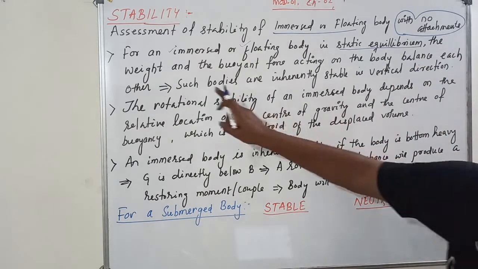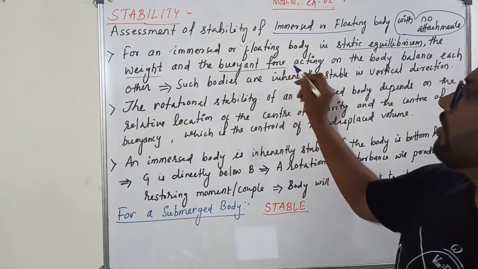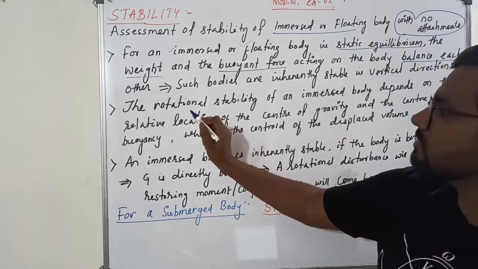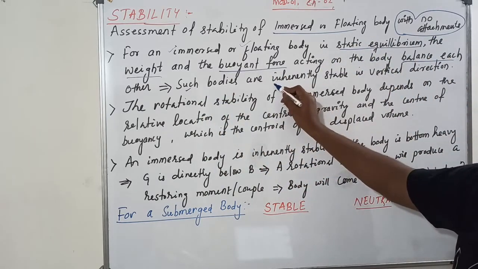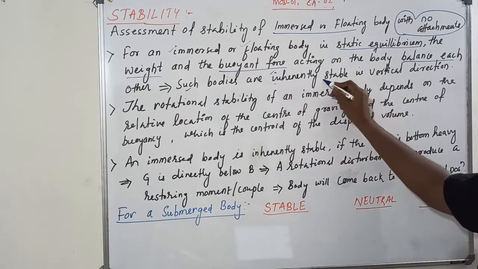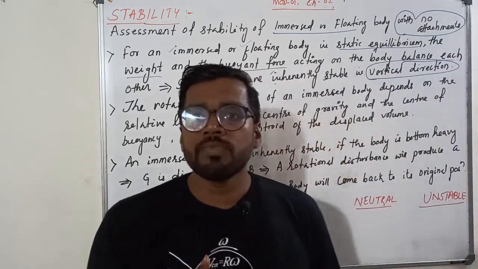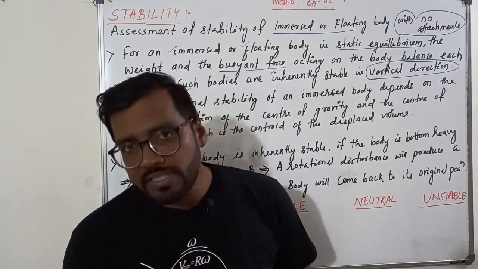In static equilibrium, the self weight and the buoyant force Fb acting on the body balance with each other. That's why such bodies in static equilibrium are inherently, by default, stable in which direction? Vertical direction. There are two stabilities, linear stability, which is known as transverse stability or vertical stability.